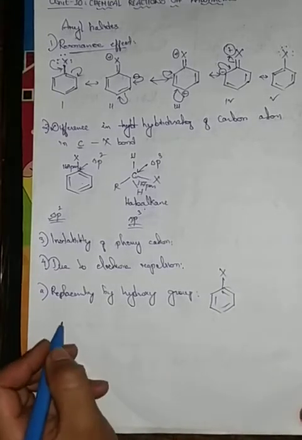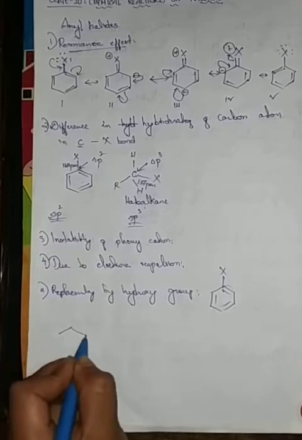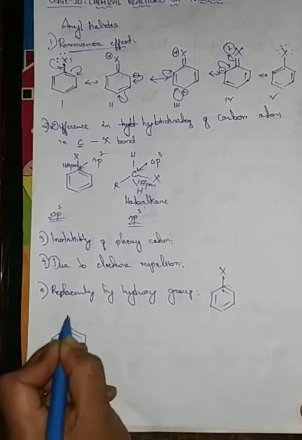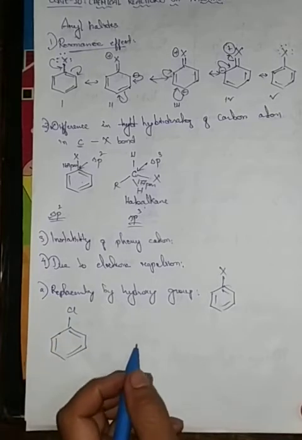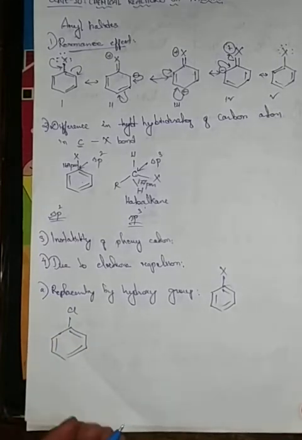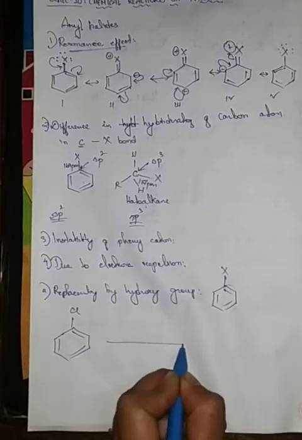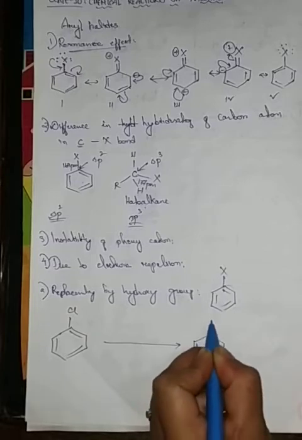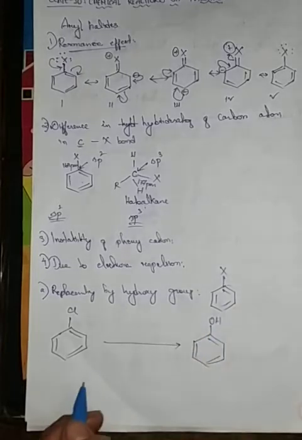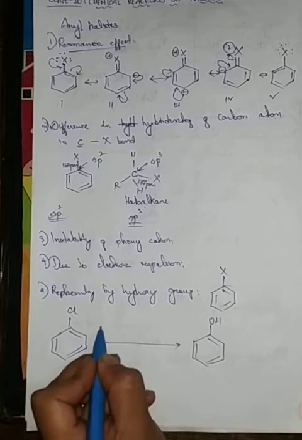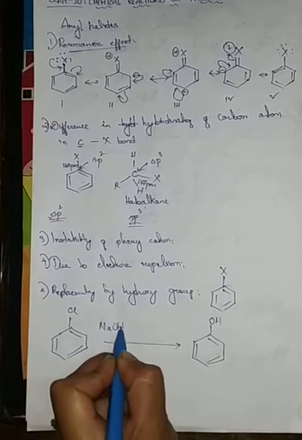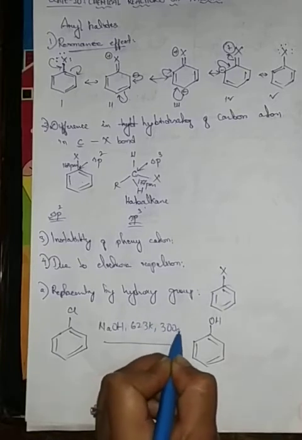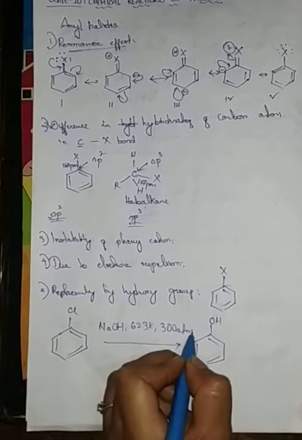Now, if we take an example, chlorobenzene can be converted into phenol by heating in the presence of aqueous sodium hydroxide at a temperature of 623 Kelvin and 300 atmospheric pressure.